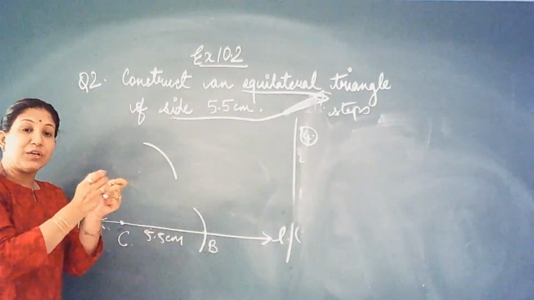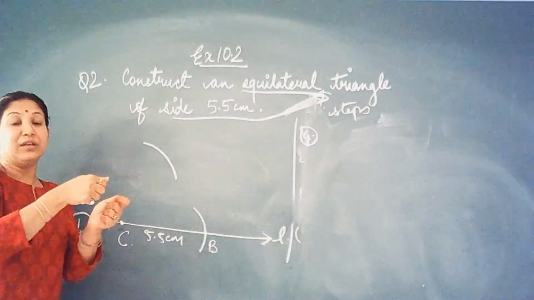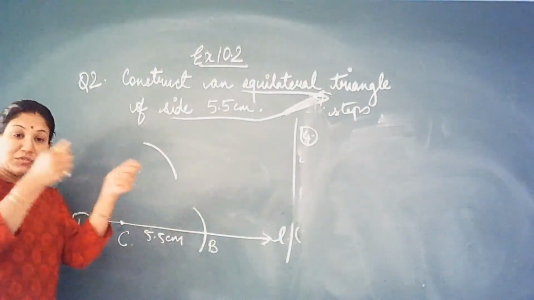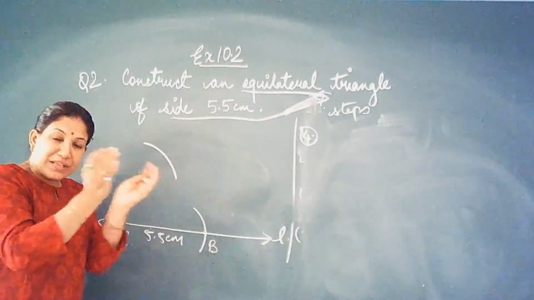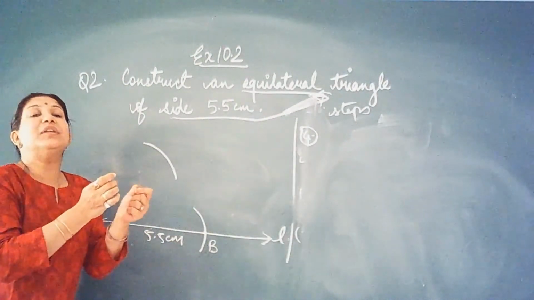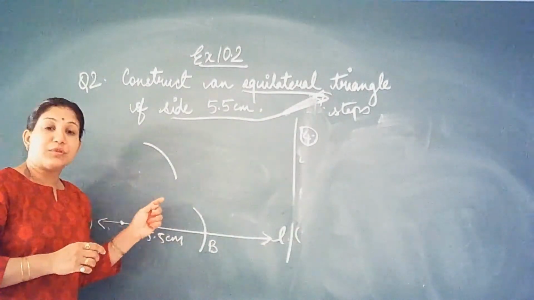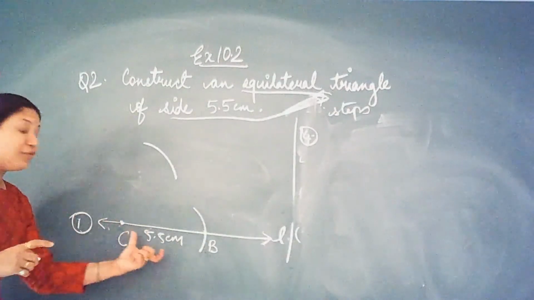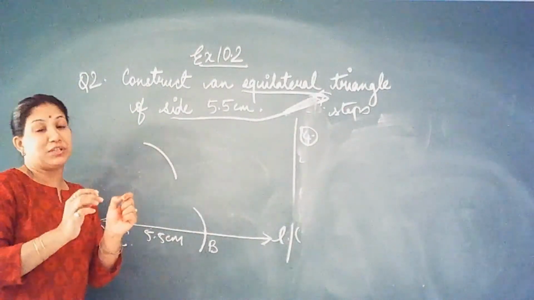Don't hold it so tightly that it gets pressed or stretched, because if you stretch or press it down, you will see the measurement will get changed. In that case, an equilateral triangle will not be formed. So once you measure 5.5 centimeters, please don't touch the measurement.